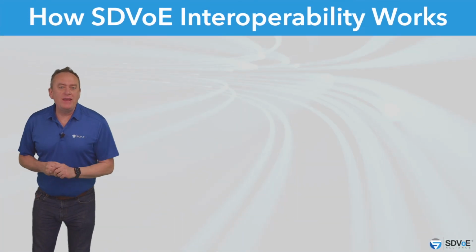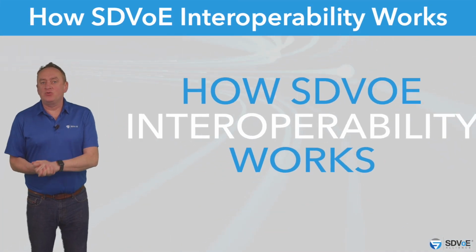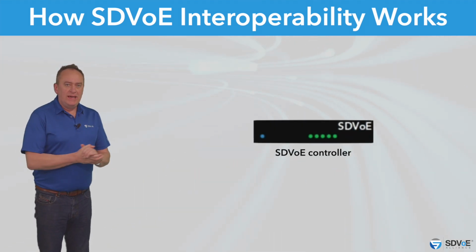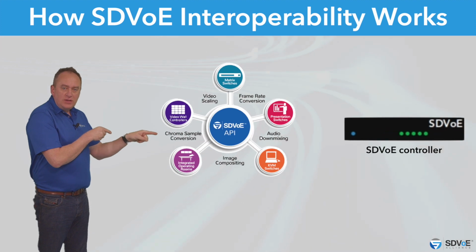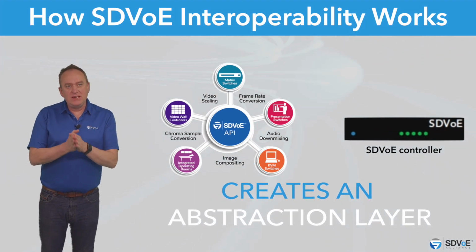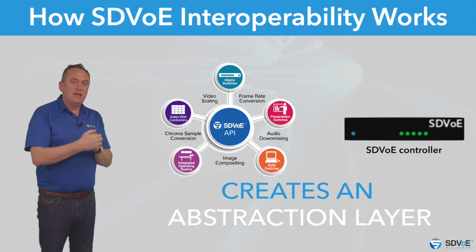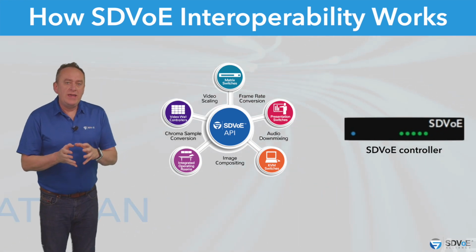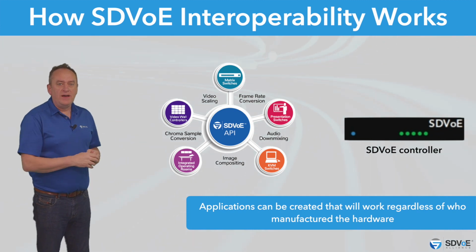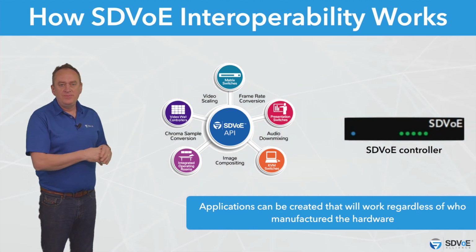Let's begin by reminding ourselves how SDVoE interoperability works. The SDVoE API, housed in the SDVoE controller, creates an abstraction layer between the user-facing application and the underlying hardware. This way, applications can be created that will work regardless of whoever manufactured the hardware underneath.